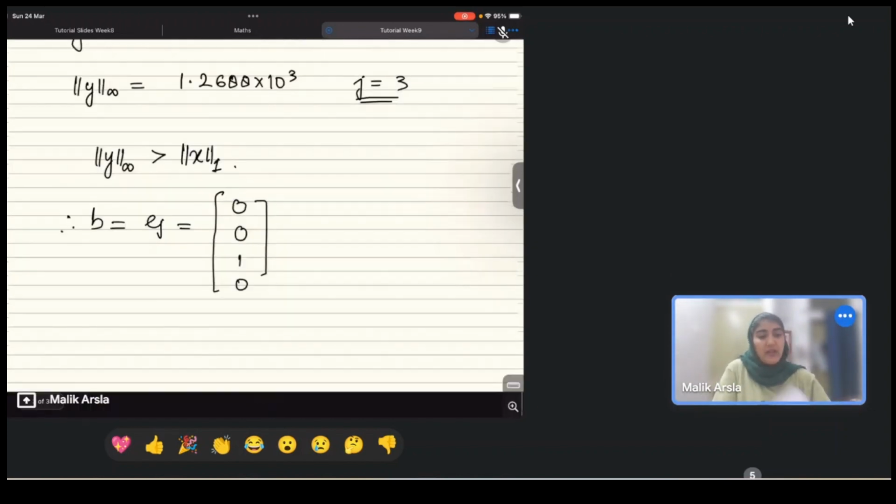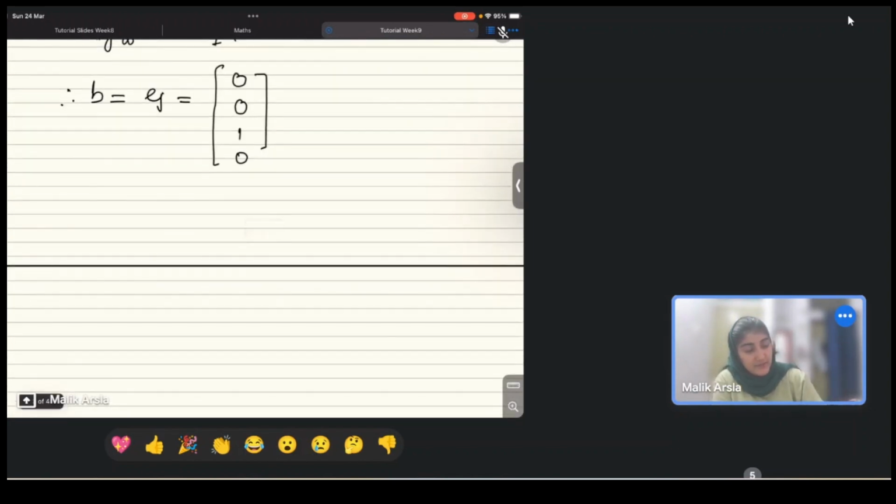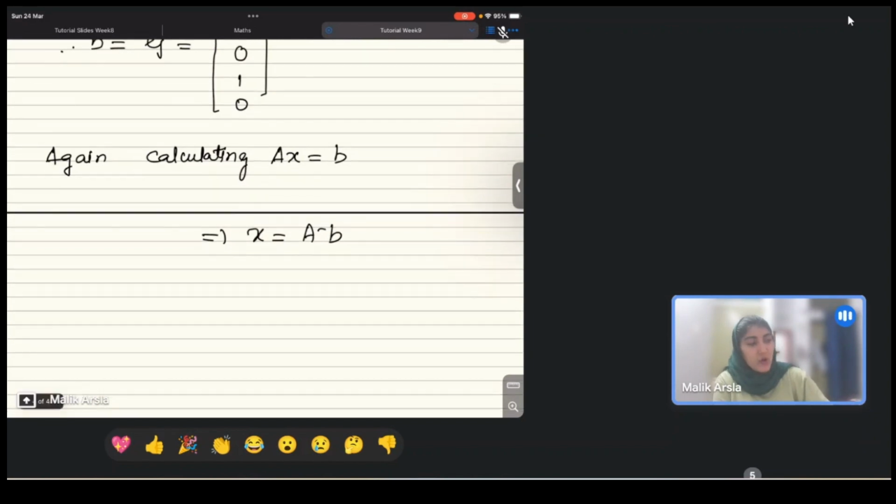Again calculating Ax is equal to b, it implies x is equal to A inverse b, and now we have to substitute the new value of b.